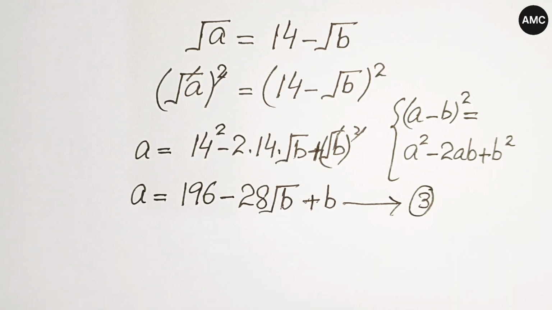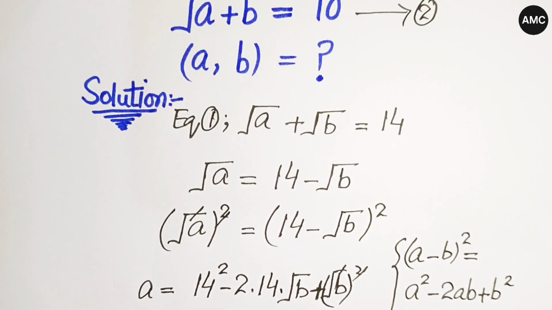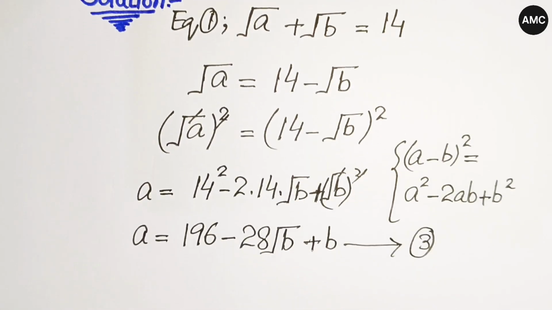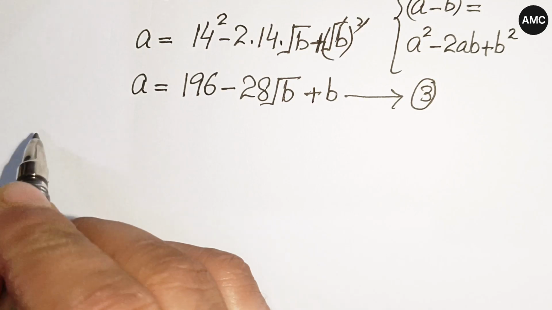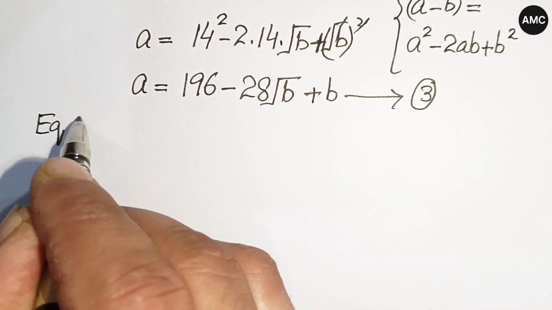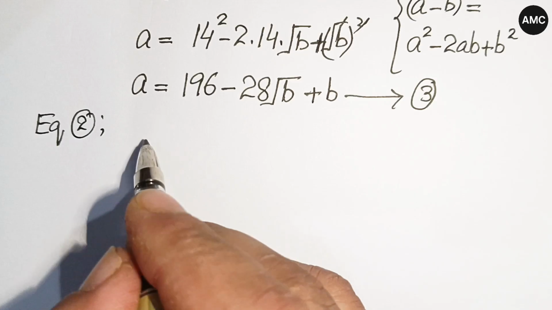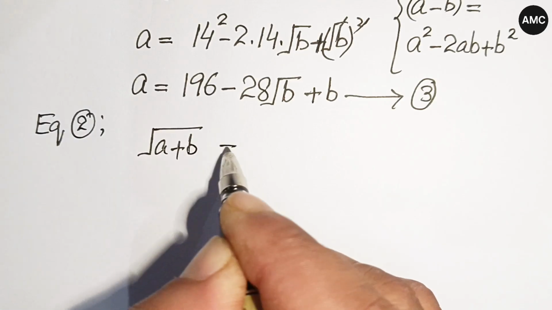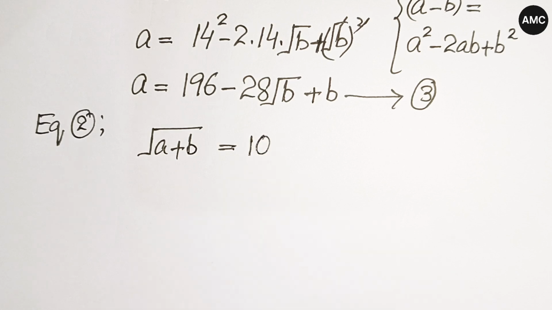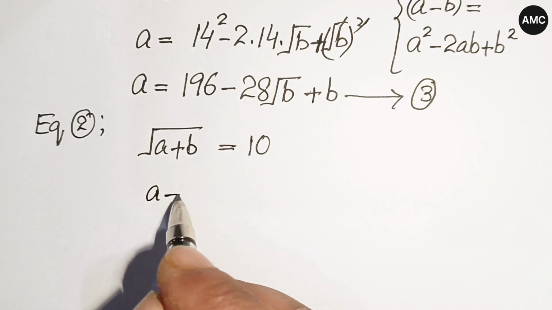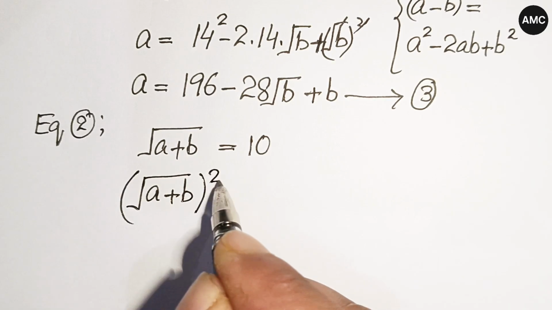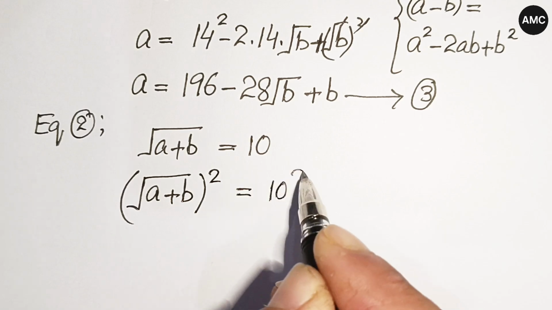Now from equation number 2, as it is given that square root of a plus b is equal to 10, taking the square on both sides, we get square root of a plus b whole squared is equal to 10 squared.